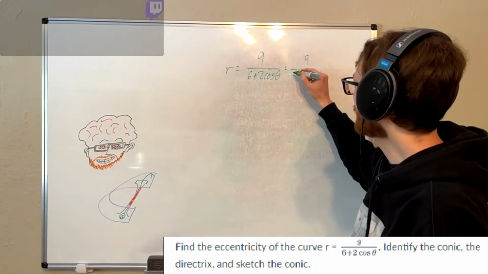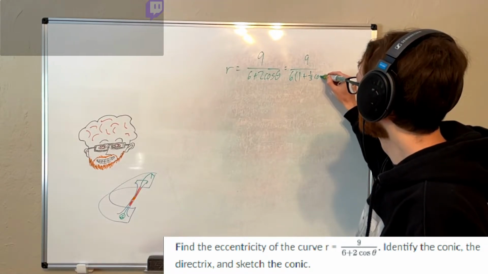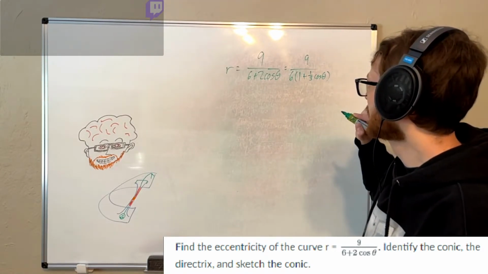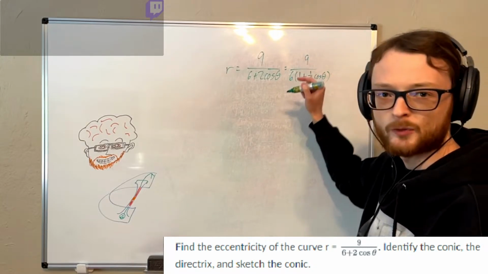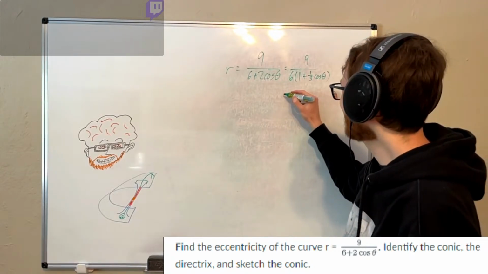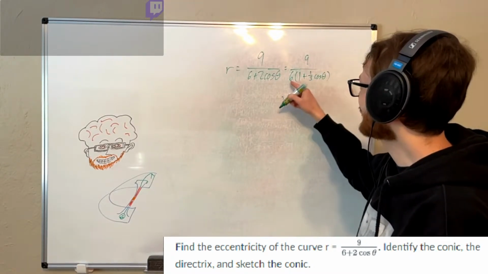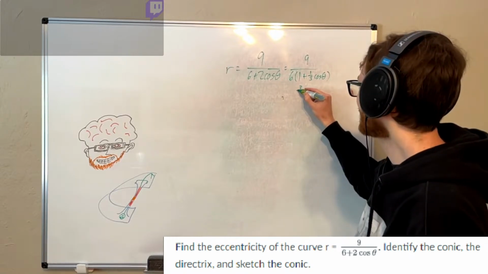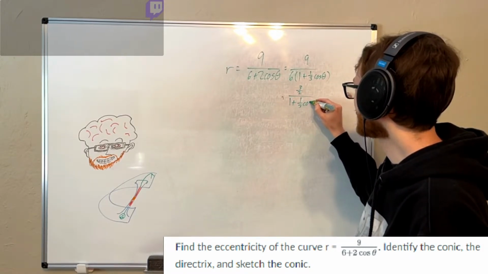I want to do anything I have to do to force it to match the format. Now I'm going to bring this 6 up here in the numerator just to make it hopefully more clear what's happening. It's going to look a little weird though. So 9 over 6 is the same as 3 over 2. So we have 3 over 2 over 1 plus 1/3 cosine theta.